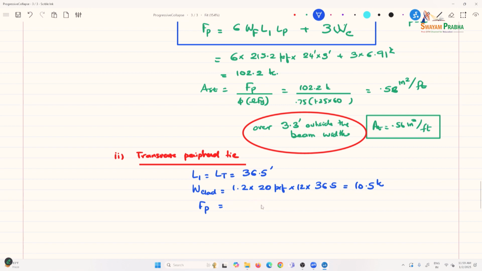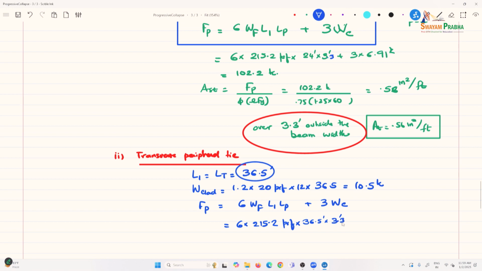So this, the total FP is 6 WF L1 LP plus 3 WC. So 6 times 215.2 multiplied by, now L1 is 36.5, but the LP is 1 meter, this is also 3.3.